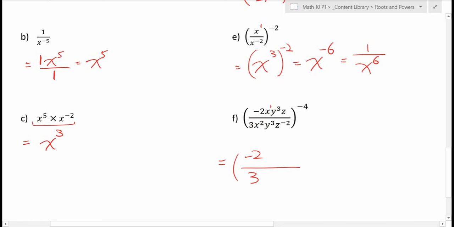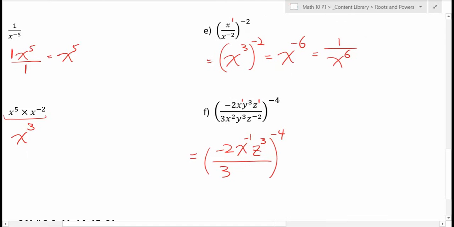This is an exponent of 1. If you divide them, remember that means you subtract the exponents. So 1 minus 2 is negative 1. For y, that's 3 minus 3, that's 0. Therefore, we end up with no more y's. For z, we have 1 minus negative 2, which gives us a 3. And we still have negative 4 as our exponent.